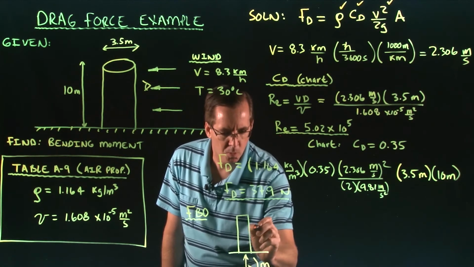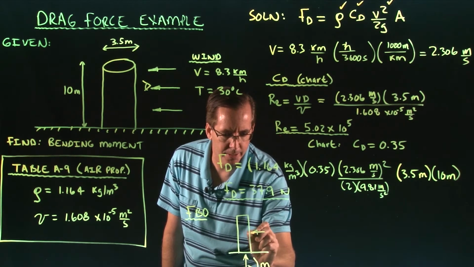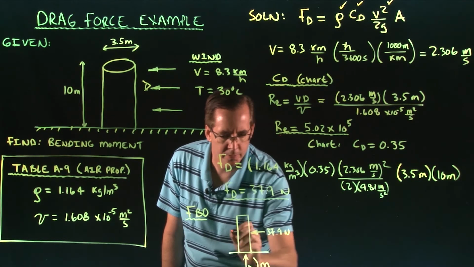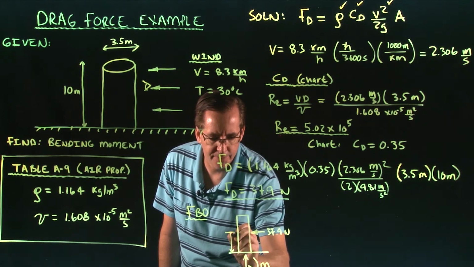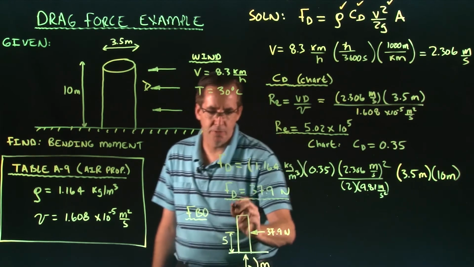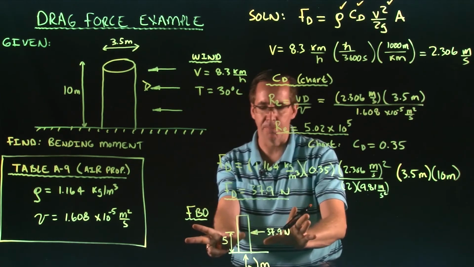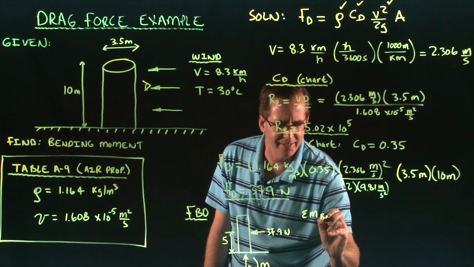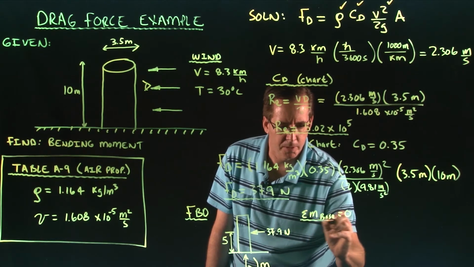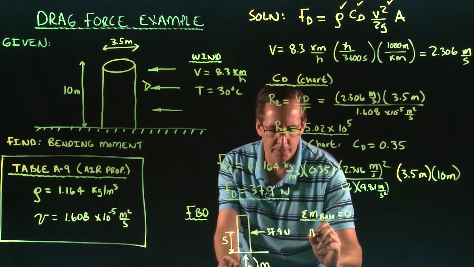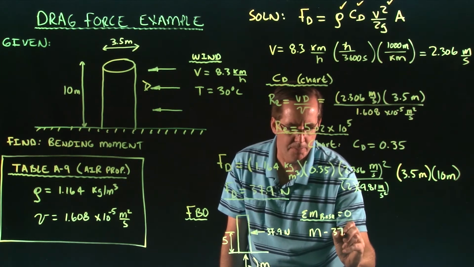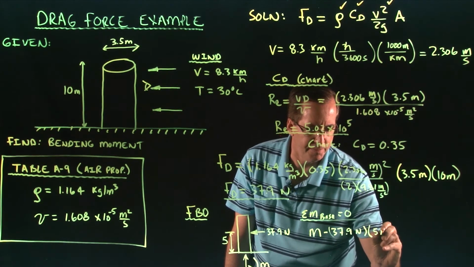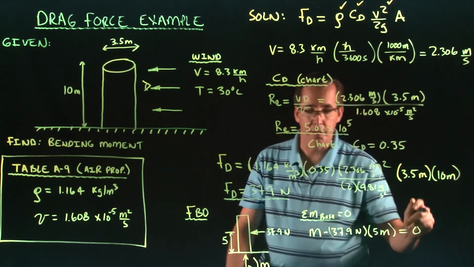Okay. We have a force that we just calculated right here, and this was 37.9 newtons. This is at a height of 5, and that's actually 5 meters. I'm kind of tight on space there, but I'll go ahead and work it out. So if I do the sum of the moments about the base equals 0, we see that the moment minus 37.9 newtons at a distance of 5 meters is equal to 0, assuming this is at equilibrium, right?